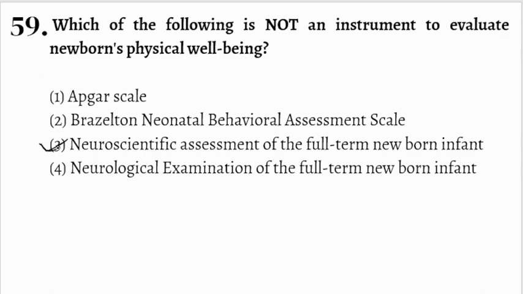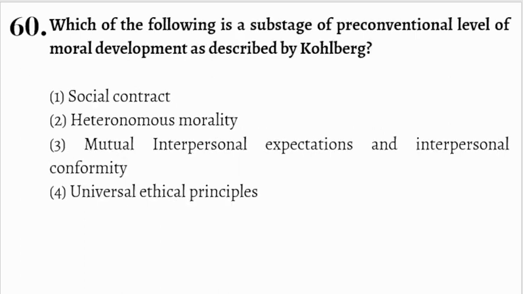It is not an instrument. Apgar scale is responsible to see the physical state of the child, the physical well-being of the child, the physical condition of the child. Okay, then we have Brazelton neonatal behavioral assessment. We also look at the behavior, if the child is crying, if the child frowns, if they move their hands, whatever. So neonatal behavioral assessment scale is also there, and there is a neurological examination which is there for the full term newborn infant. There is no such thing as neuroscientific assessment. So 3 is the correct answer.